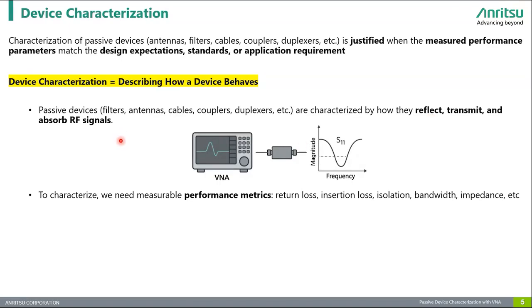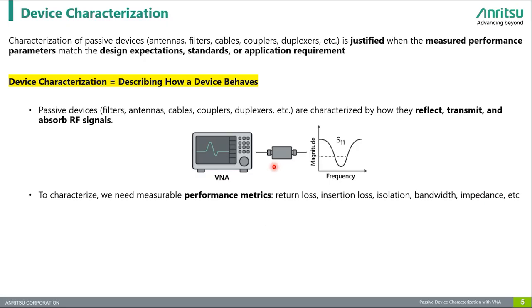These behaviors are quantified using key performance metrics such as return loss, insertion loss, isolation, and bandwidth. Return loss means how much signal is reflected back, and insertion loss is how much signal is lost in transmission. Isolation is how well the ports are separated, and bandwidth is the frequency range over which the device performance is expected.